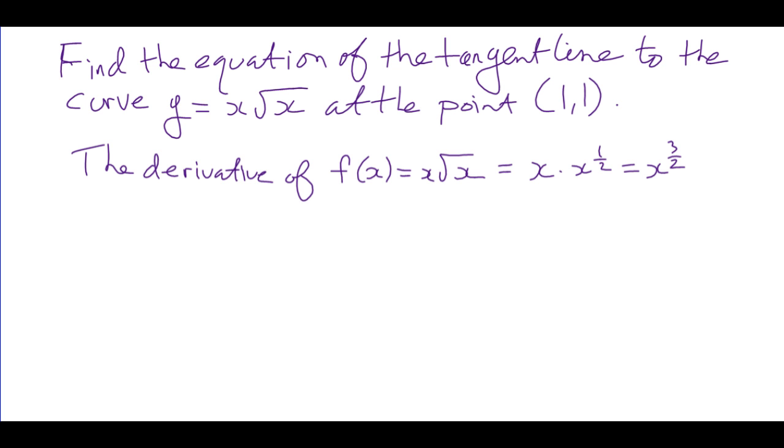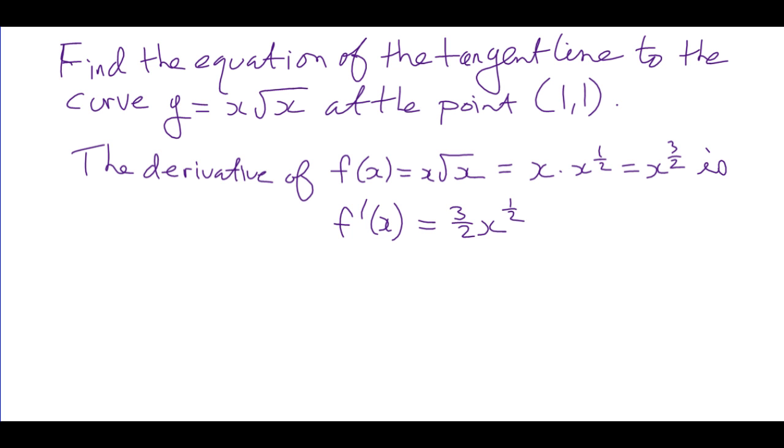Because we've got to get it in the form x to the n. So f prime of x is equal to 3 halves x to the... Now, do you want to see me write 3 halves minus 1, or can I just do 3 halves minus 1 and get 1 half? Okay, that's fine. Thanks. Just looking for permission.